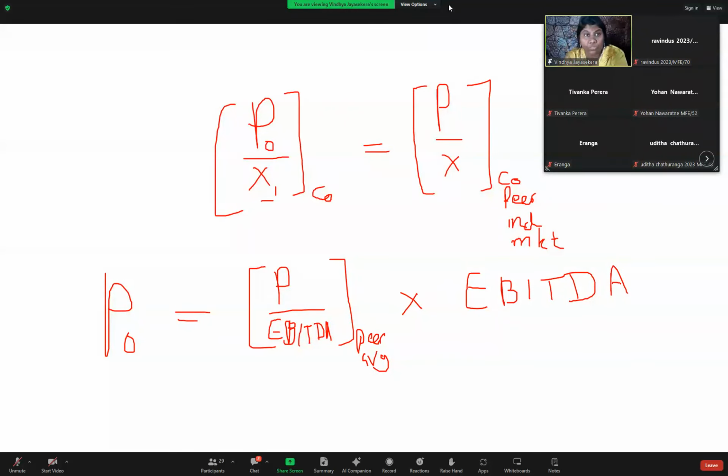It has to be a future EBITDA. Technically, EBITDA next year. So this could be EBITDA of 2022, or sometimes we can even use 2023. Either is okay to come up with the price of the company.